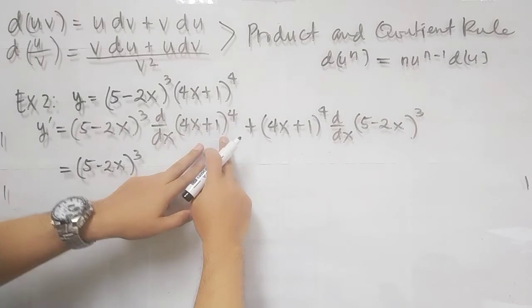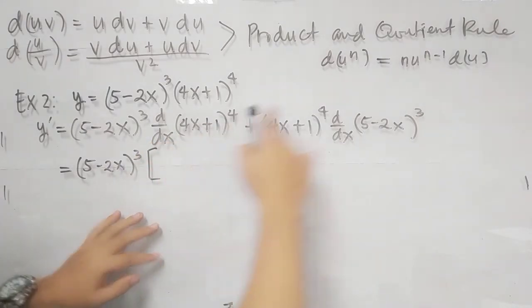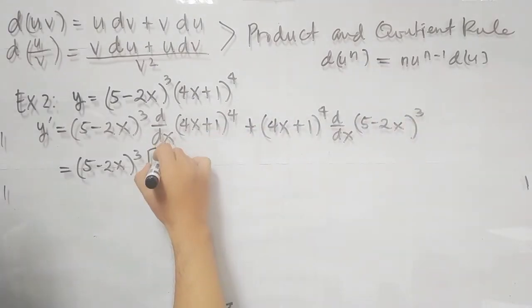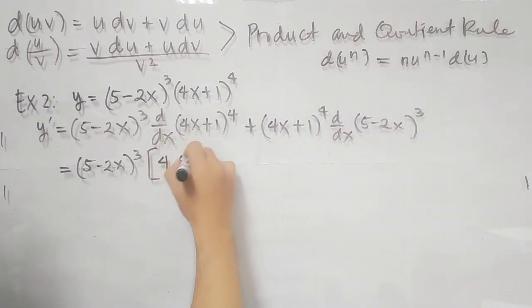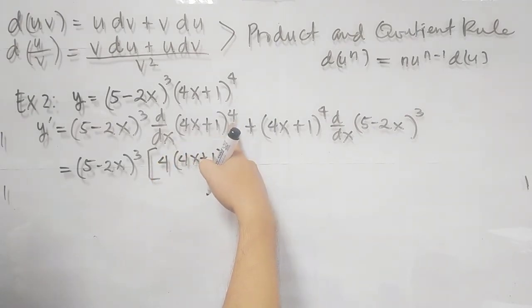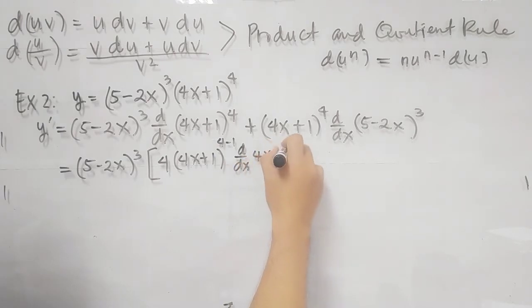So for this case, write first your power, n. For this case, 4 as your power. And then 4x plus 1. And then 4 minus 1, times the derivative of 4x plus 1.